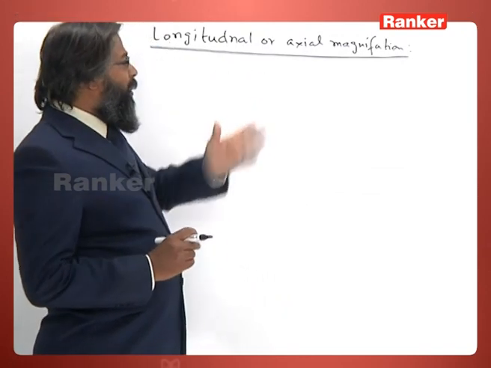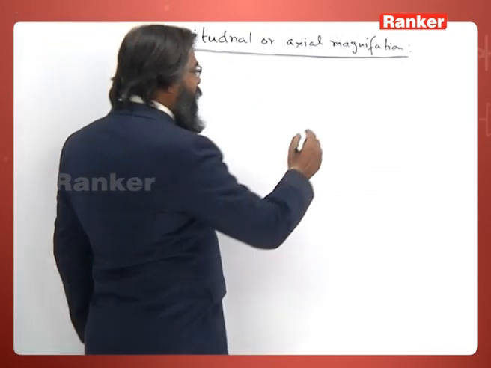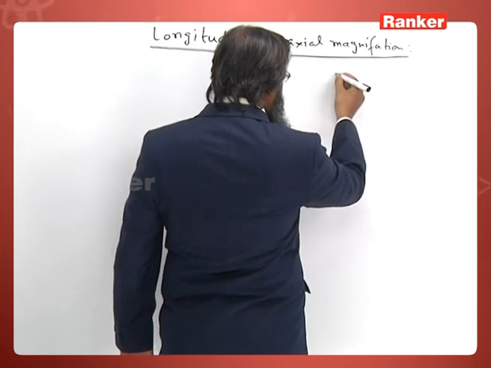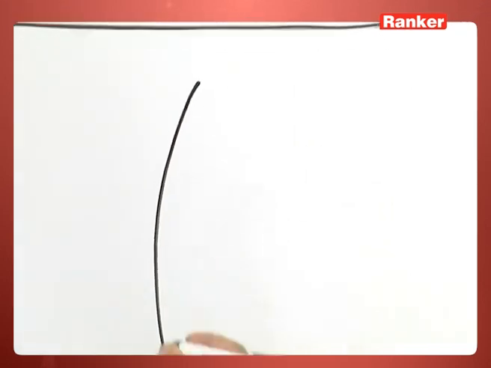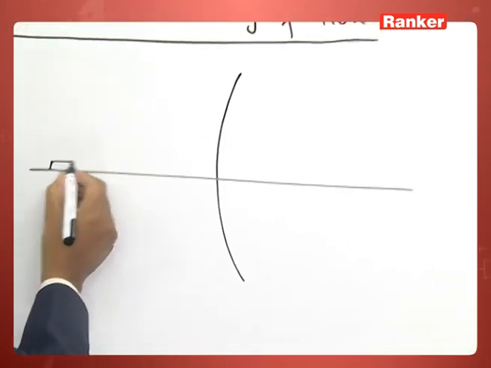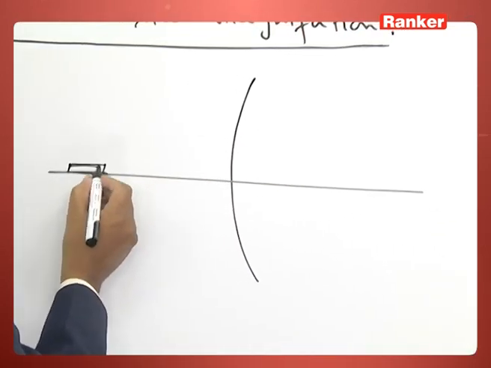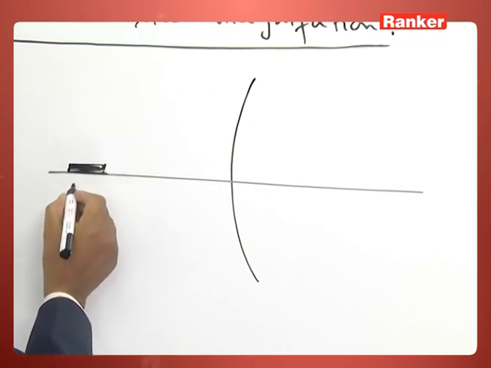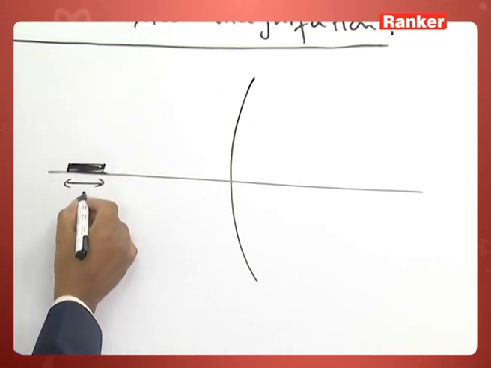Please take down. So now let us see longitudinal or axial magnification for this case. We have an object whose length is along the axis, and I denote this as du.